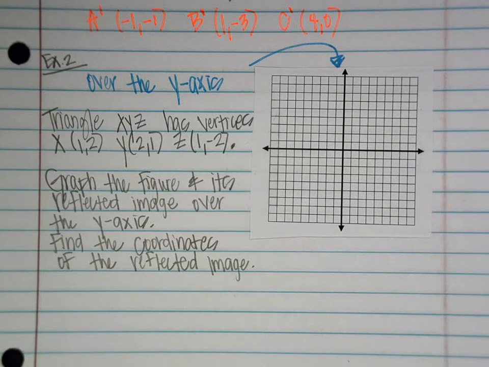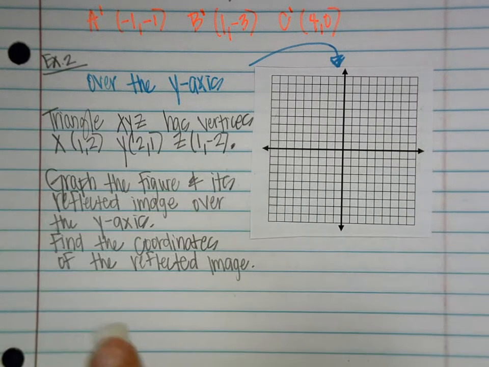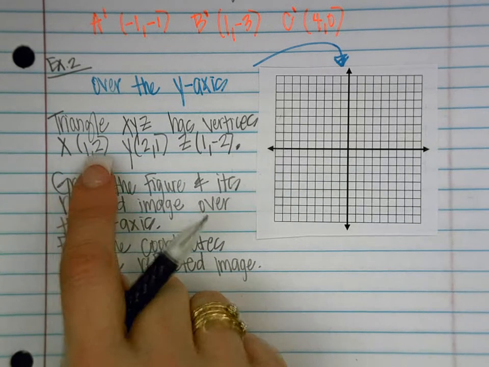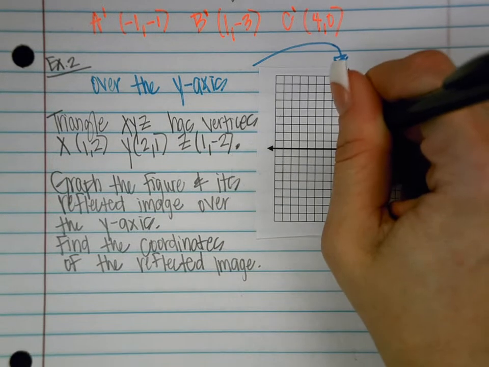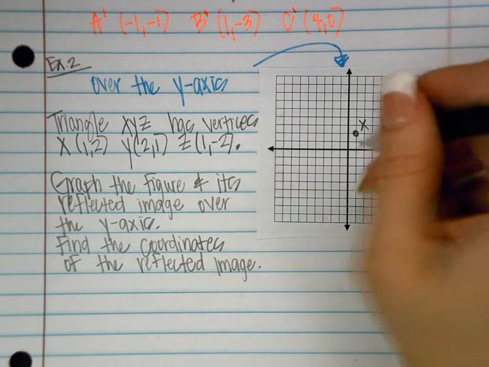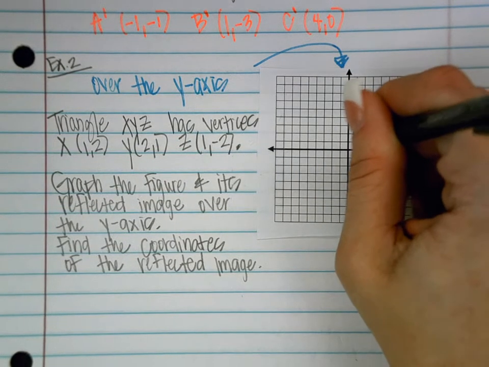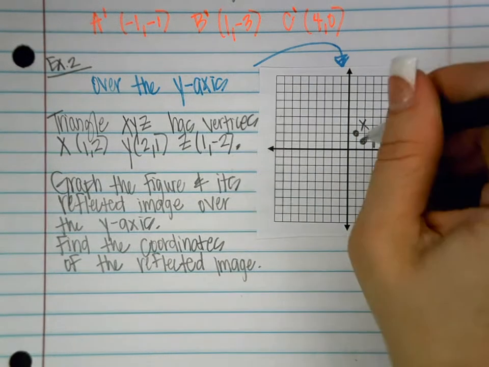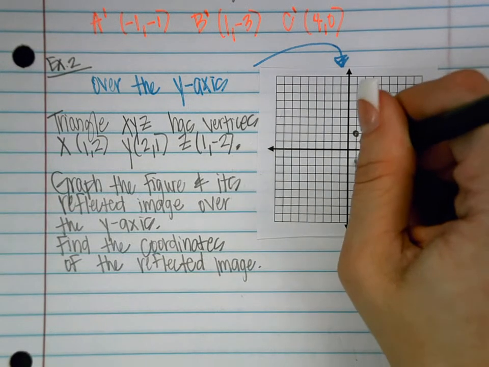First thing we want to do is let's sketch this. Okay, so I'm going to place point X at over 1 up 2. This is your X coordinate. Y is over 2 up 1. It's kind of a tiny triangle. And Z is over 1 down 2.